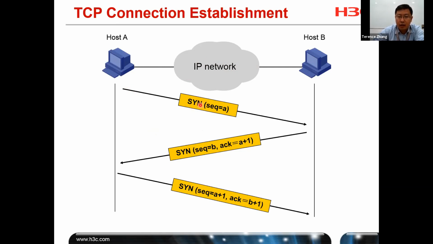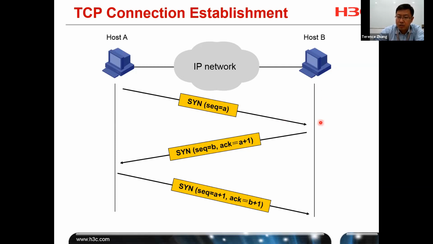That means, hey, I am a TCP, I am host A and I want to build a connection with you, and my sequence is A. I'm using the TCP SYN header to connect with you, and my sequence number is A, right? This is the first handshake.